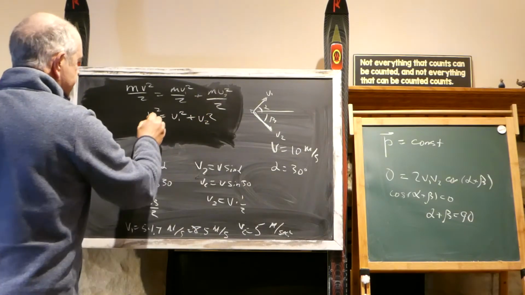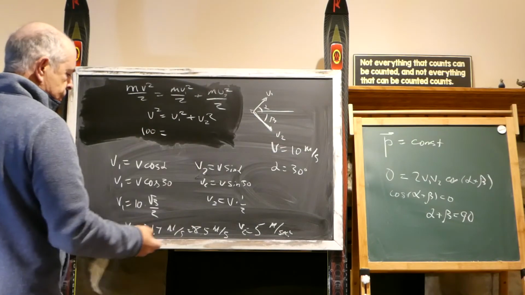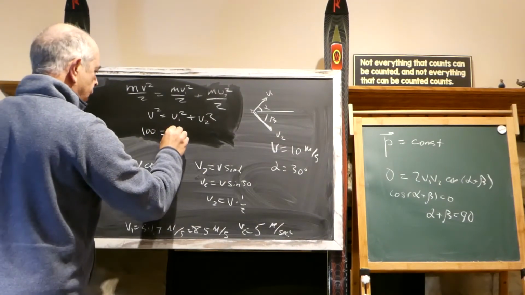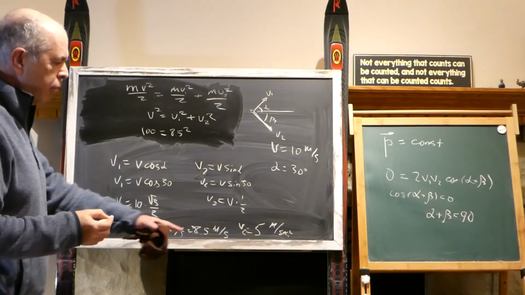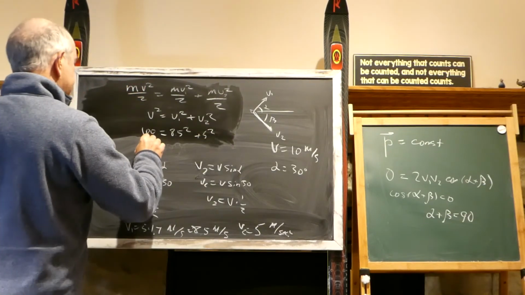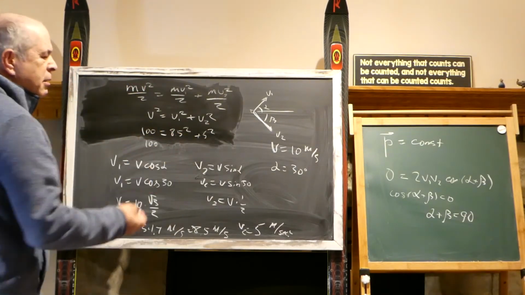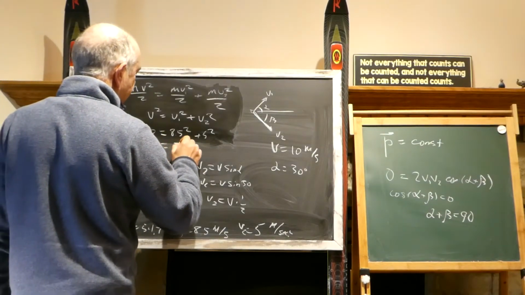Let's plug in the numbers. Instead of V we plug in 10, so we will have 100. Instead of V1 we plug in 8.5 squared, some round number, plus 5 squared, right? And then roughly 8 squared is 64, 8.5 squared would be 75.